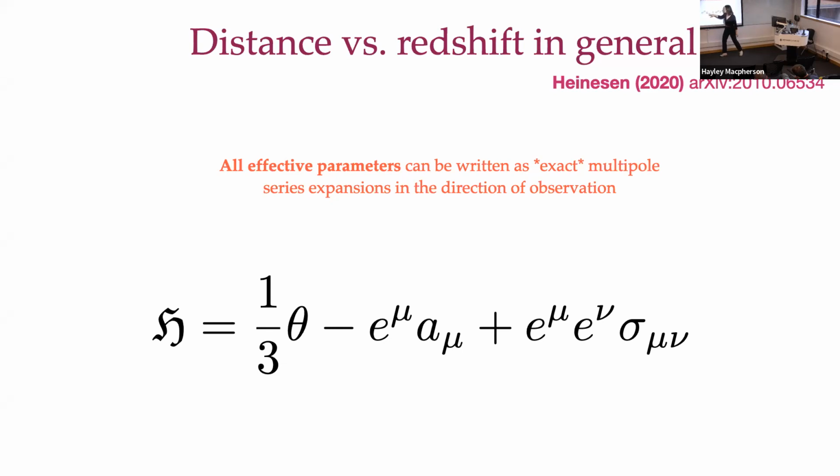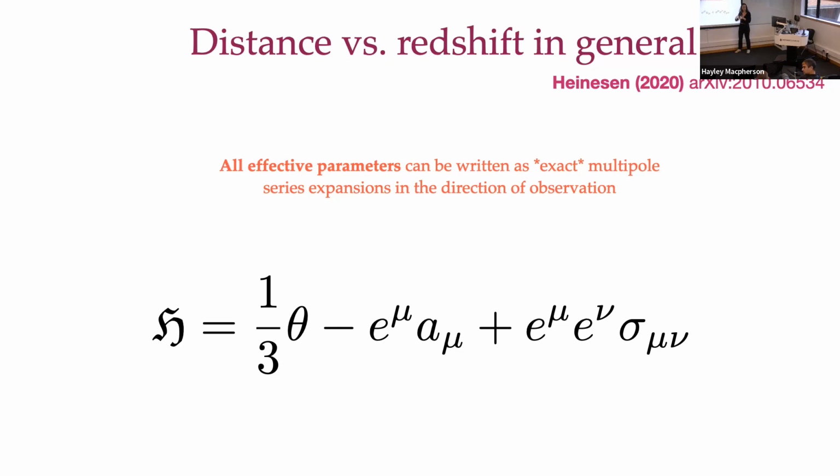In particular, we end up with a dipole term in the direction vector, which is given by this vector A^μ, the acceleration of the observer. If your observer is moving on a geodesic, this term is 0, so we're not worried about that. We also end up with a quadrupole term, which is given by the shear tensor.